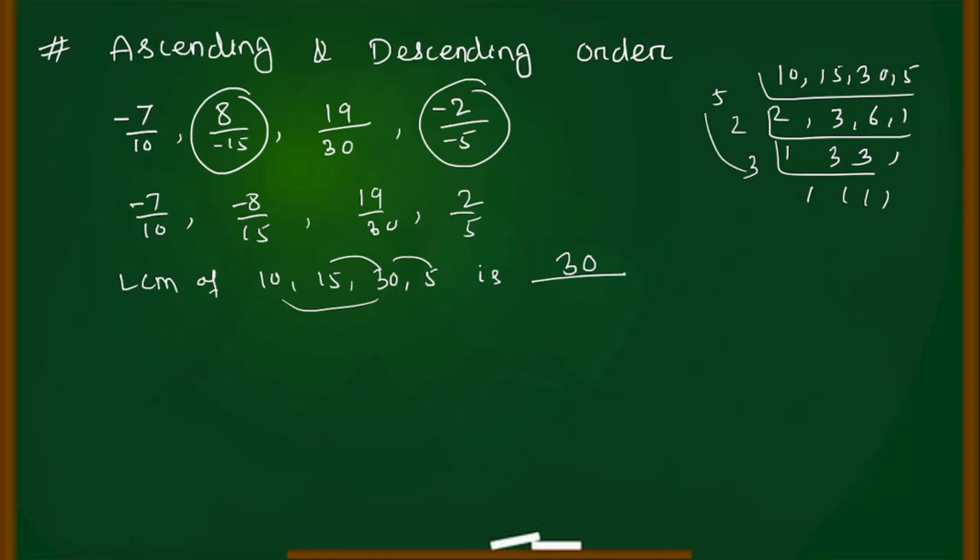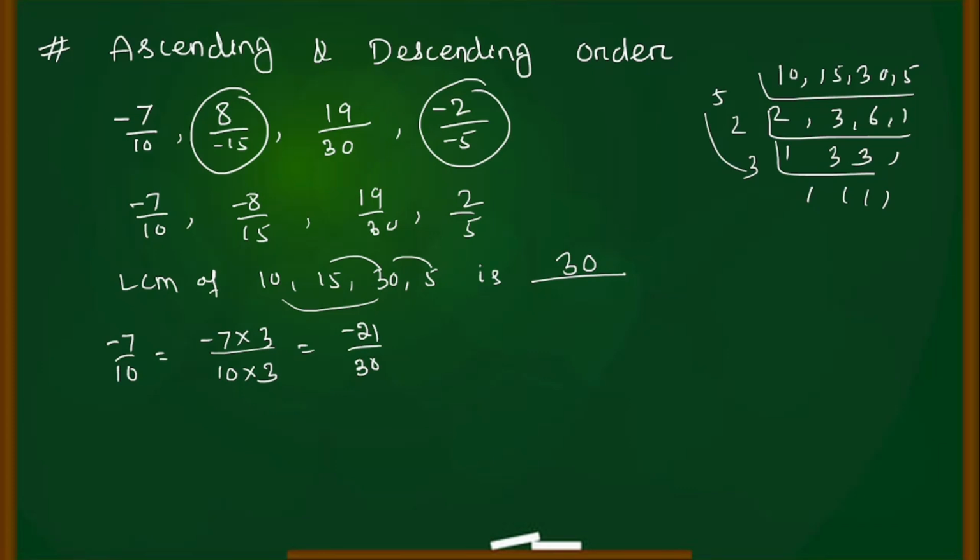Now convert all the fractions' denominators into 30. Then we check, because we know if the denominators are the same, then we can compare, otherwise not. That's why first of all we convert all the denominators into 30. The first one is minus 7 by 10. Multiply 10 by 3 and 7 into 3, that is minus 21 divided by 30.